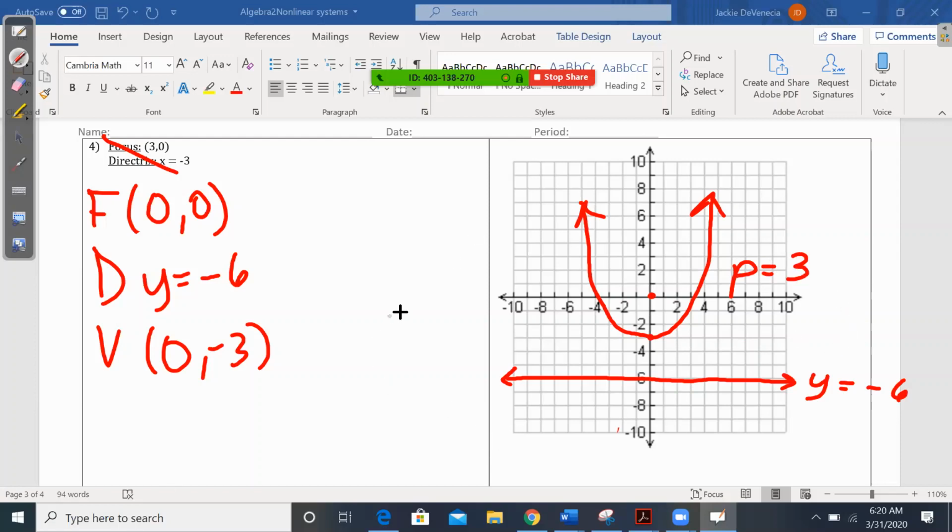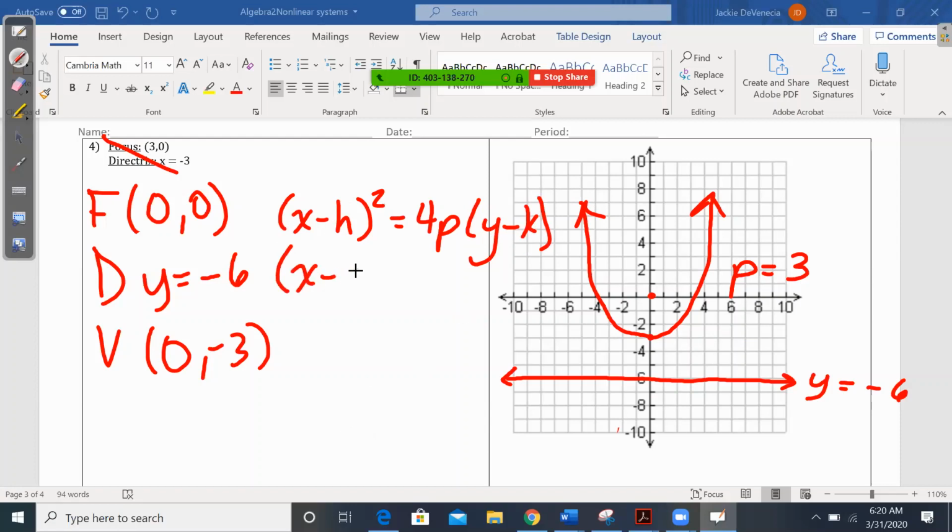All right, so because my parabola is opening up, I need to use this equation: (x minus h) squared is equal to 4p(y minus k). And I just need to go ahead and replace everything. So this is my h, that's my k. (x minus 0) squared is equal to 4 times 3, my p is 3.